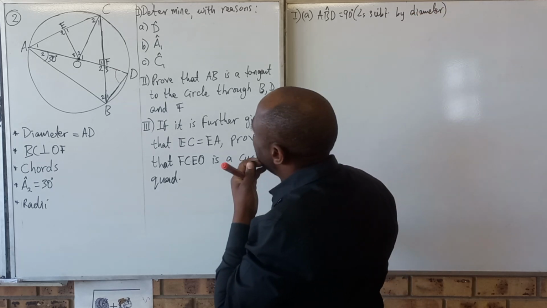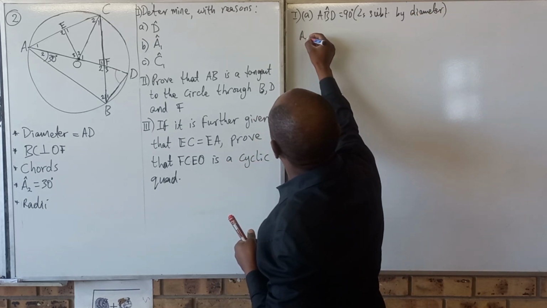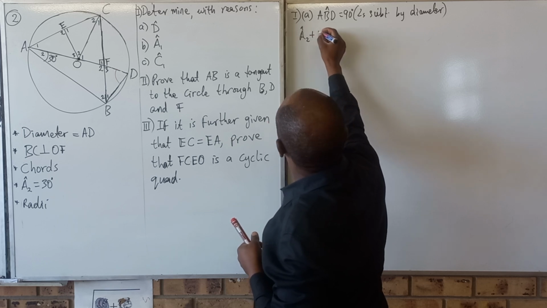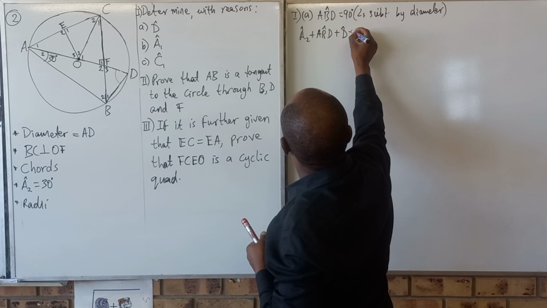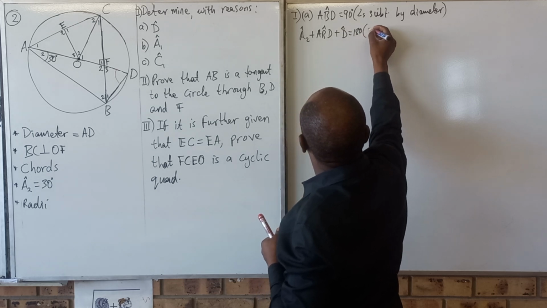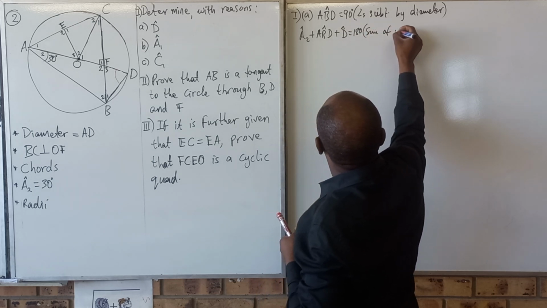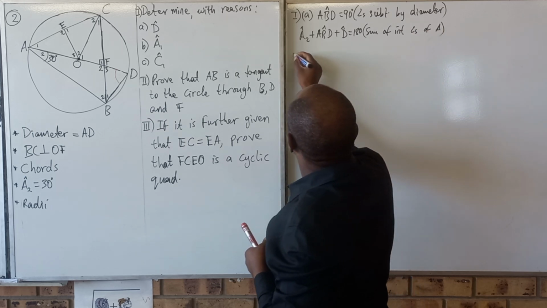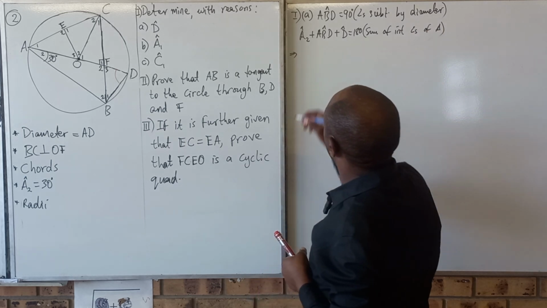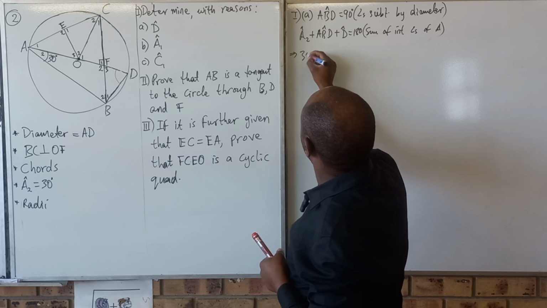So if it is 90, but I know that A2, which was given to me, plus the ABD plus angle G itself is equal to 180. That is sum of interior angles of triangle. Then it will be easy now to get D, because our A2 was given as 30.